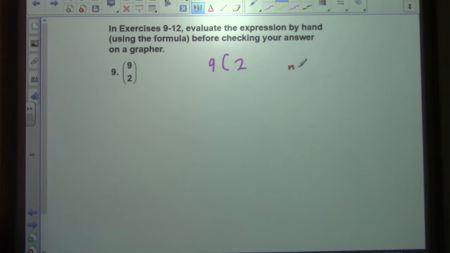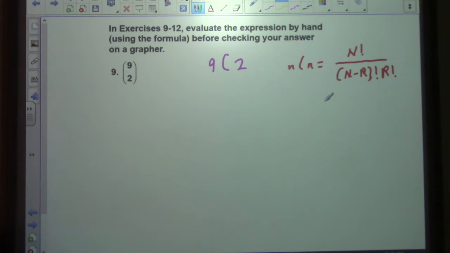So we go here and we put nCr equals n factorial over n minus r factorial times r factorial. And so we're going to do this for 9 and 2.